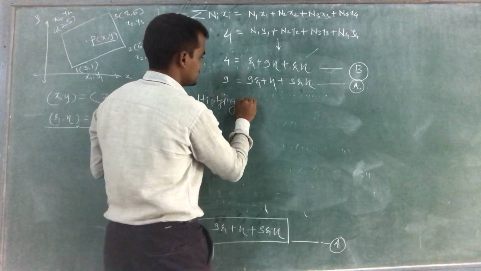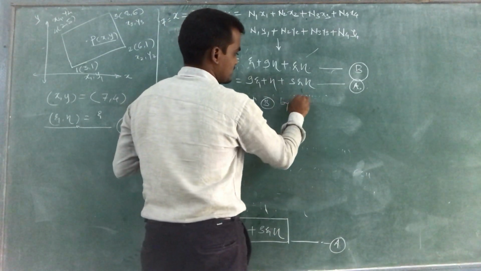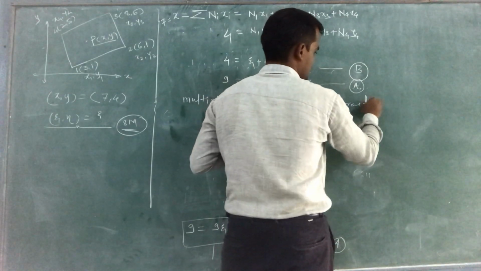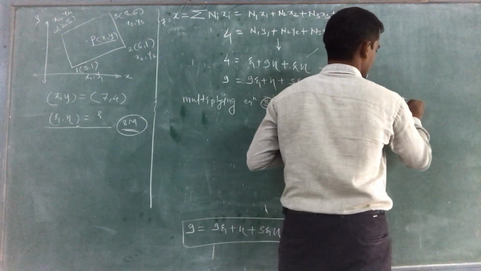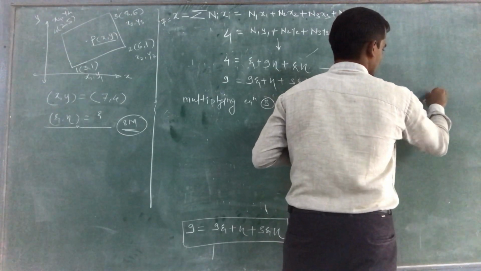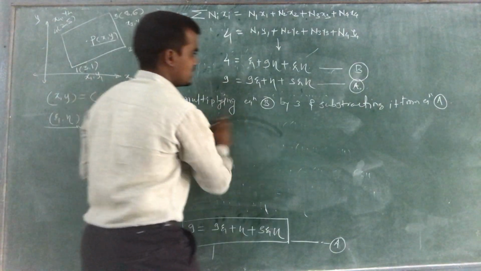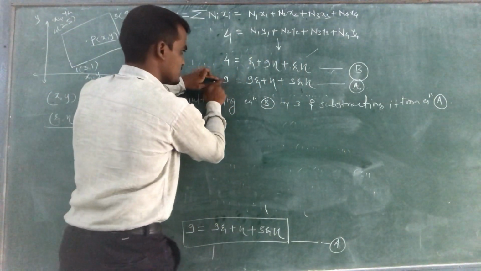We multiply equation B by 3 and subtract it from equation A. We need to write down equation A as it is.